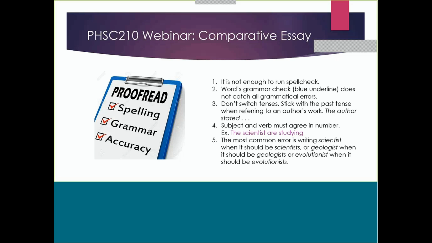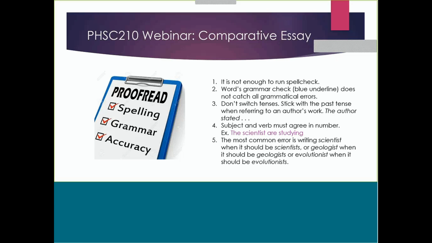Number 4, subject and verb must agree in number. Example, the scientists are studying, and continuing the sentence. This is one of the most common errors that we've experienced: here we have a verb that's plural and a noun that's singular. These words, scientists, geologists, and evolutionists, are often written as if they were plural, but they're not.